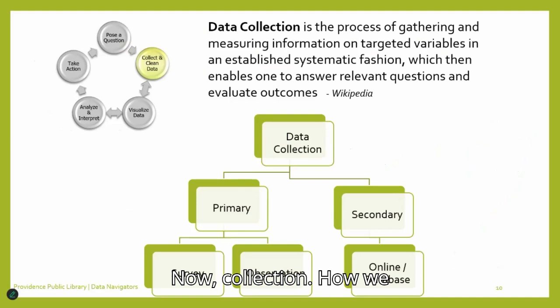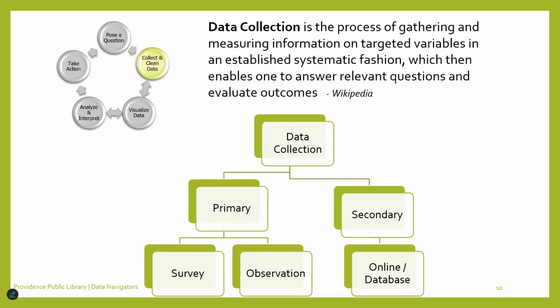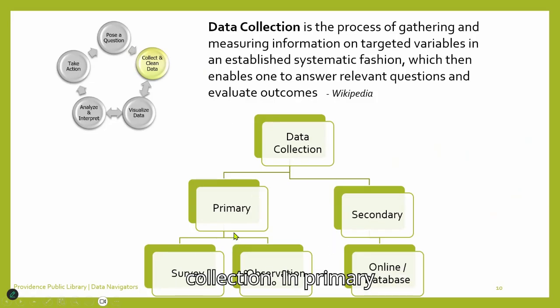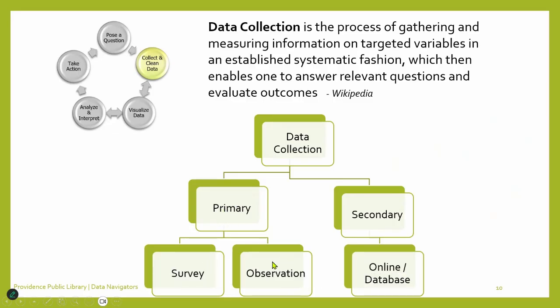Now, collection. How do we collect the data? Basically, data collection methods involve two. One is primary data collection. Another method is secondary data collection. In primary data collection, there are two methods. One is the survey method and the other one is observation.